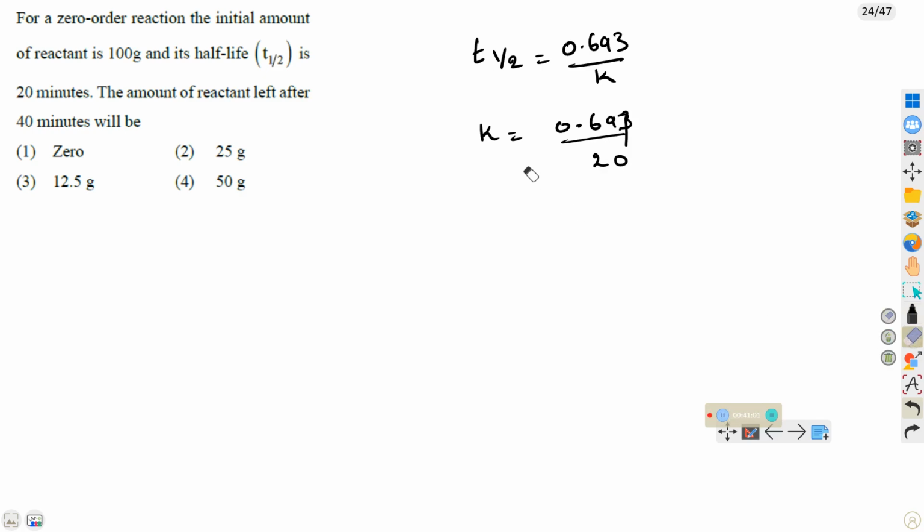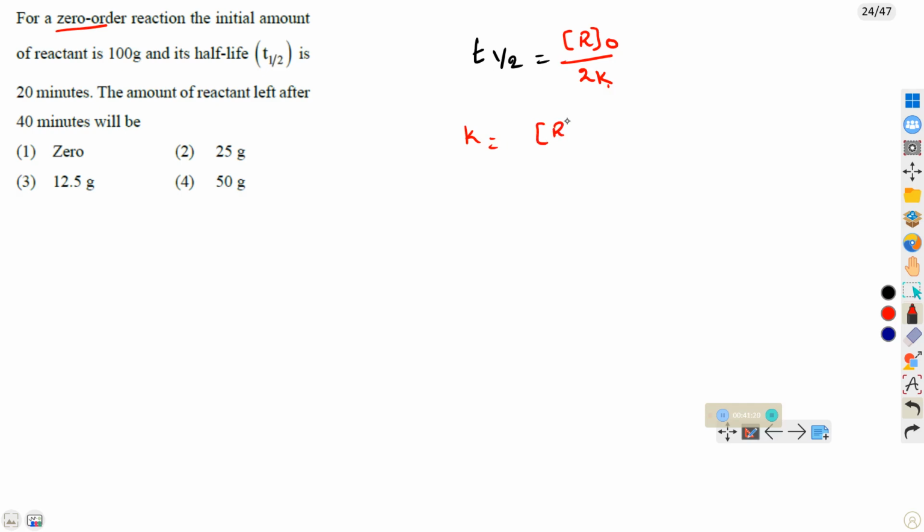No, not like this. It is given as zero order reaction, not first order reaction. Sorry. Given zero order reaction, t half is equals to R naught by 2K. Then K is equals to R naught by 2 into t half. What is the R naught?